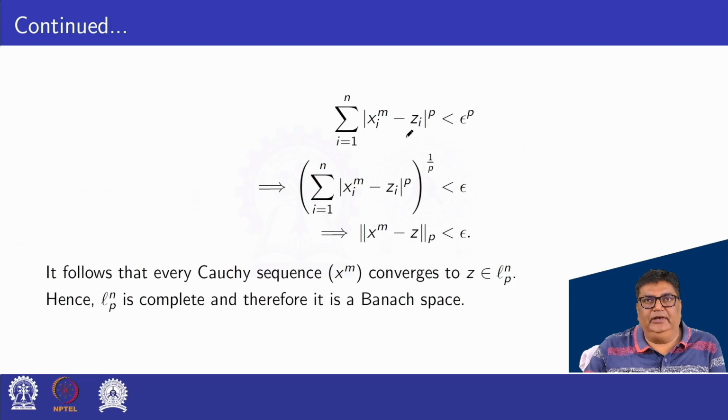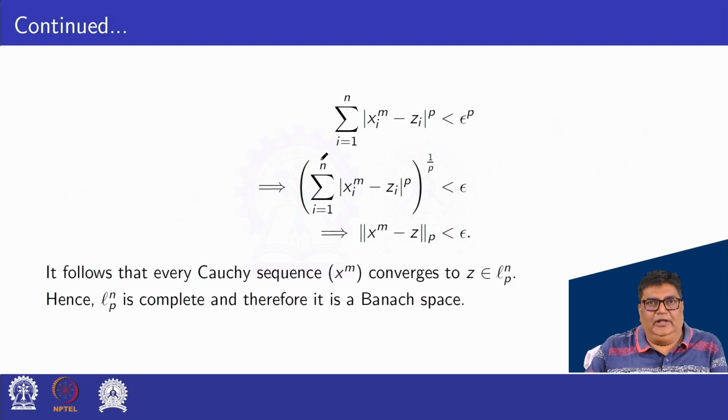So, we can write summation i equal to 1 to n mod xmi minus zi power p less than epsilon power p. Taking the pth root of this inequality, we have summation i equal to 1 to n mod xmi minus zi power p, whole power 1 by p, less than epsilon.